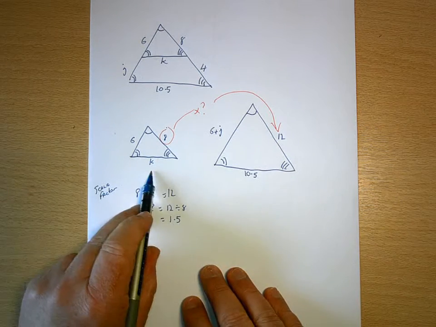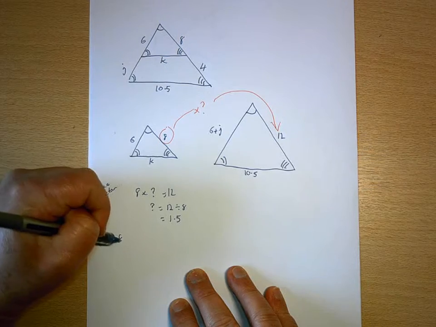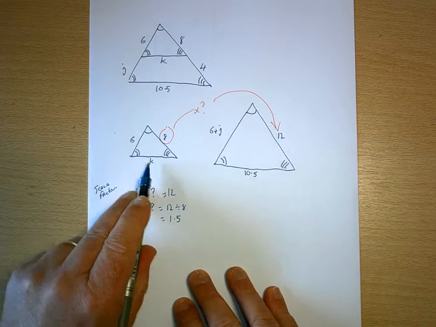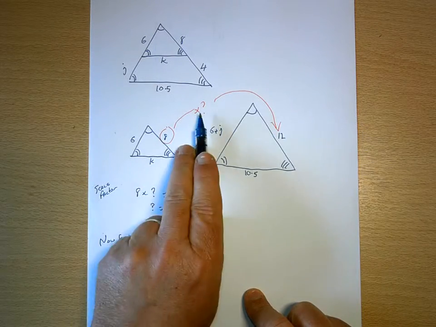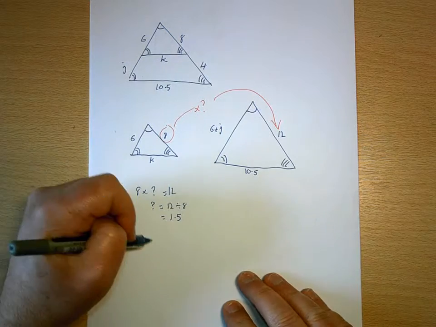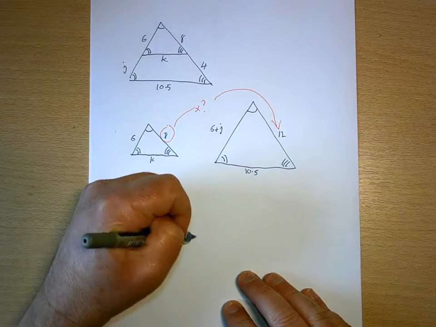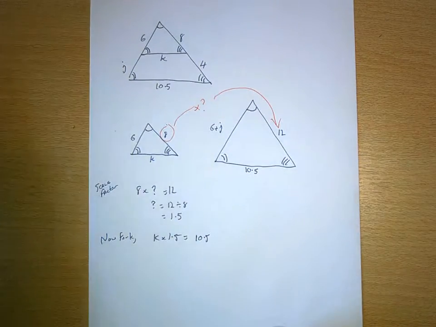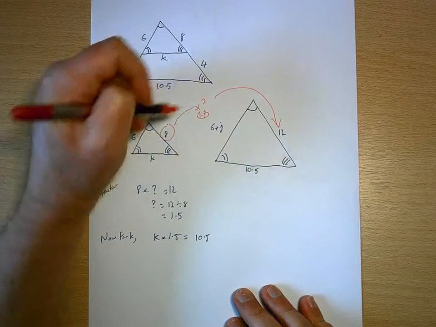So that means every side in this larger triangle is 1.5 times the corresponding side in the smaller triangle, which means to work out K, K times 1.5 equals 10.5. So we now know what the scale factor is. It's 1.5.